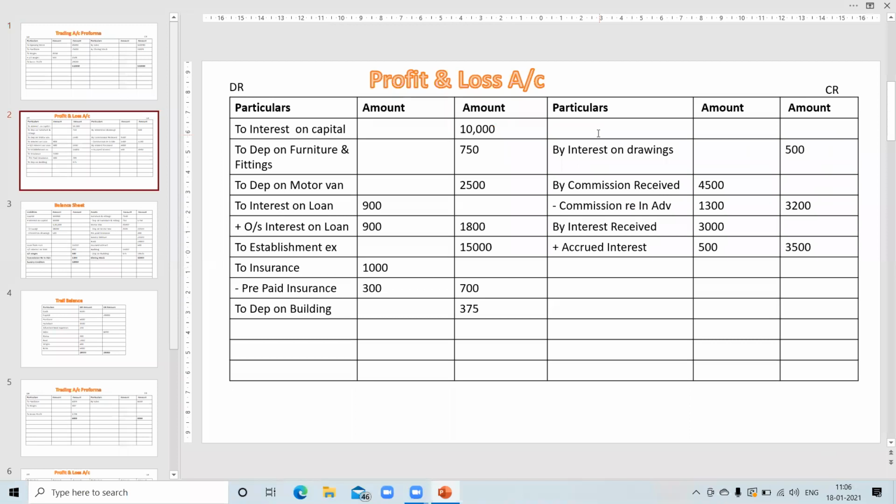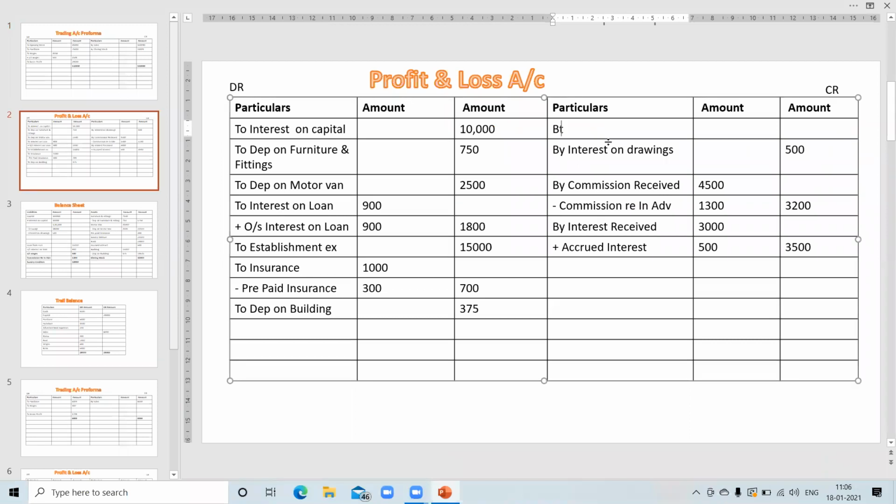profit and loss account, credit side, by gross profit 29,500. Okay, so add the total amount.